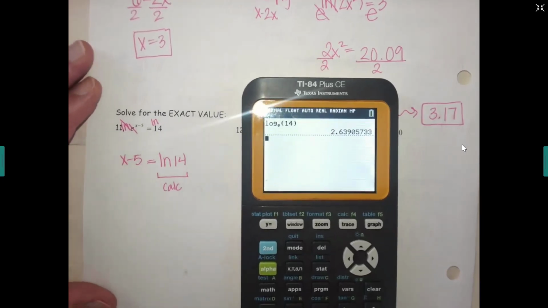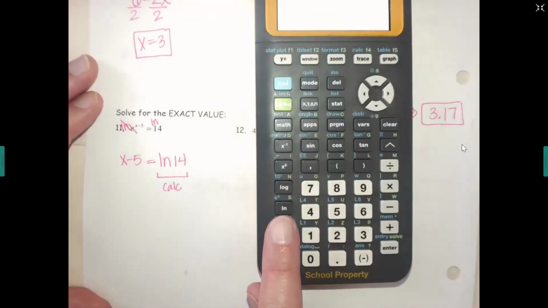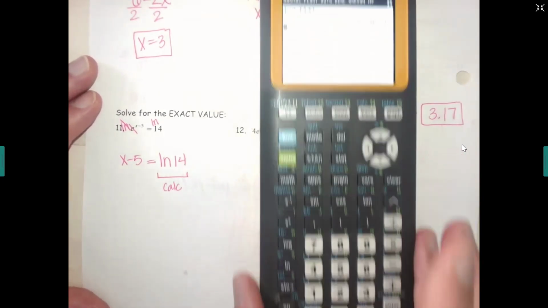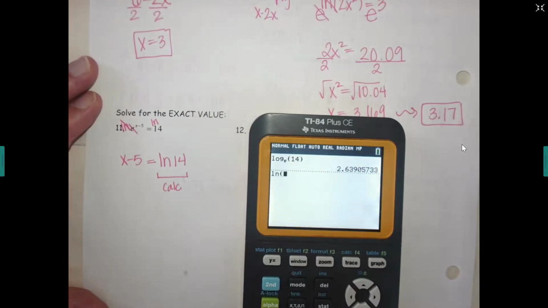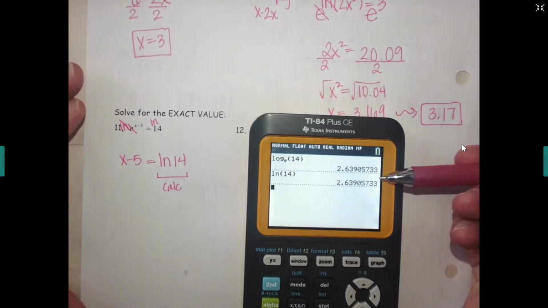However, do you also notice you have an ln button? It's down here by the 4, right below the log. So if you're doing an ln, you can bypass the log base button, just hit the ln of 14. And do you see that it gives you the exact same answer? So usually for ln's, I would just use that shortcut button since it's there.